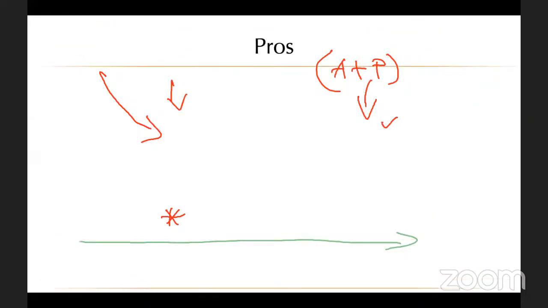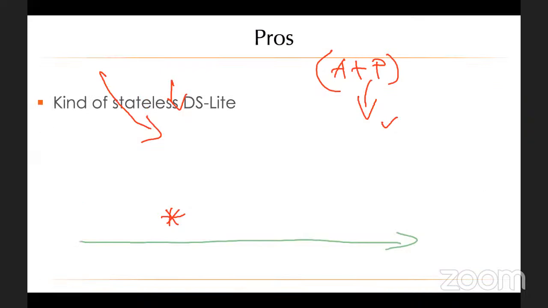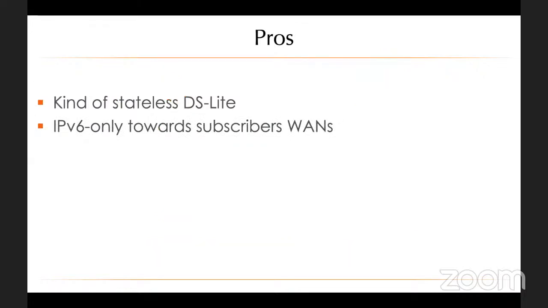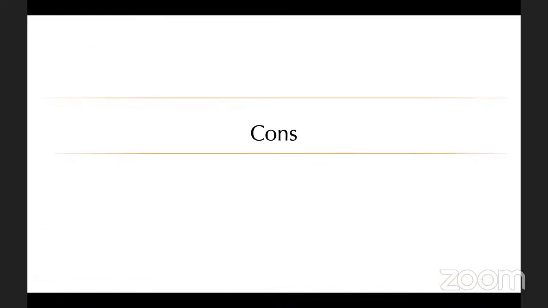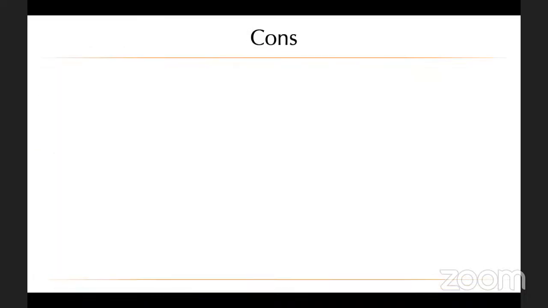So the pros and cons of this transition technique. It's sort of like a stateless DS Lite. Remember, for DS Lite, the state was being kept in the AFTR, right? And this time round in the BR, we don't have any state. So it's stateless. We just have the mappings. And then we still have IPv6 only towards your subscribers, and then you can monitor v6 only.